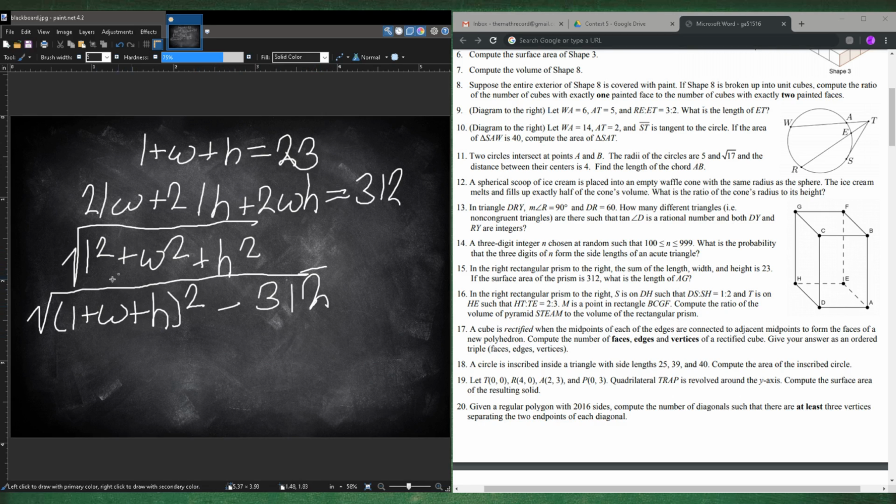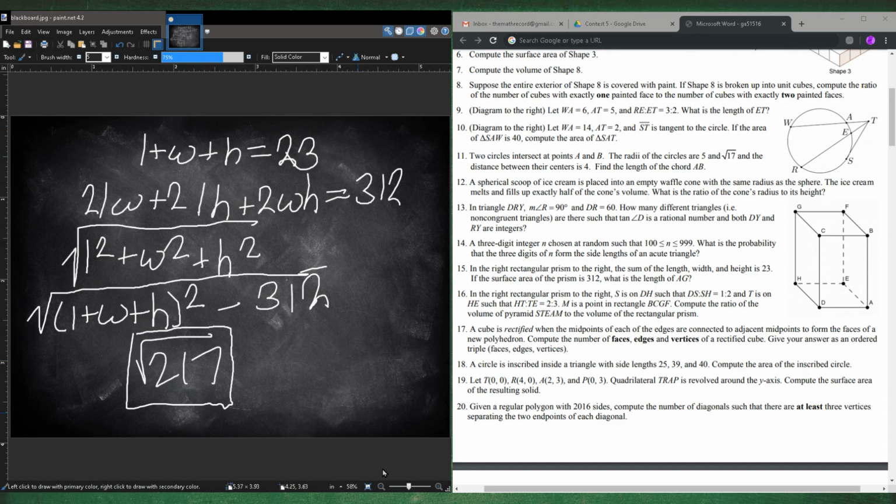Then the square root of it. Since length plus width plus height is 23, that's 23 squared minus 312, which is the square root of 217. You can't factor this, so that's your answer, square root 217.